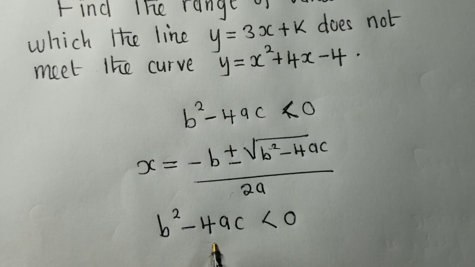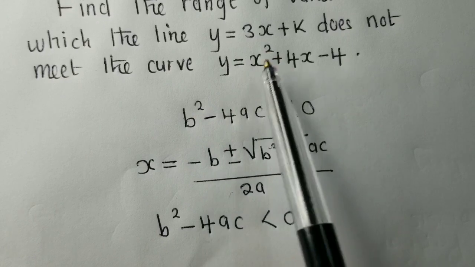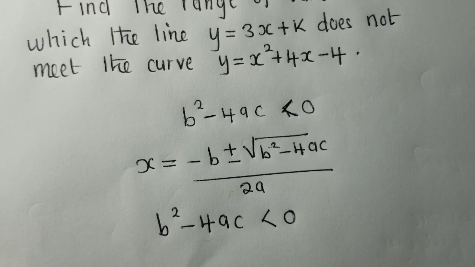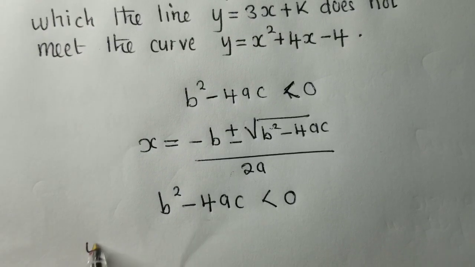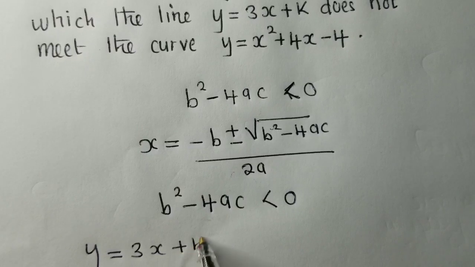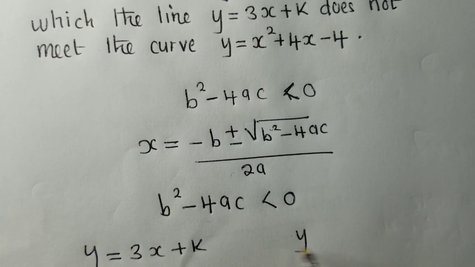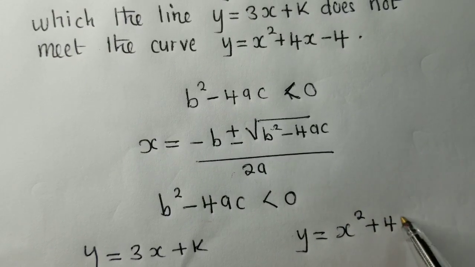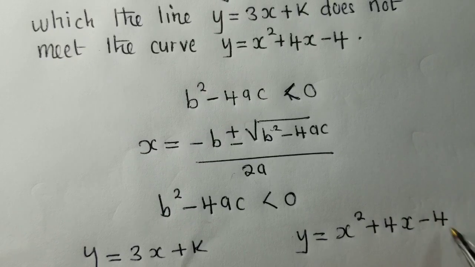So after you have identified your discriminant here, you get the two equations. So we have y is equal to 3x plus k, and y is equal to x squared plus 4x minus 4.